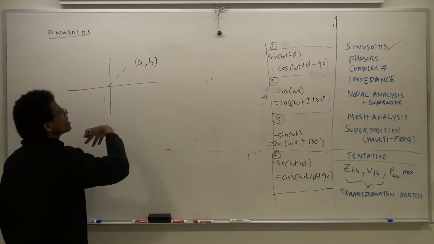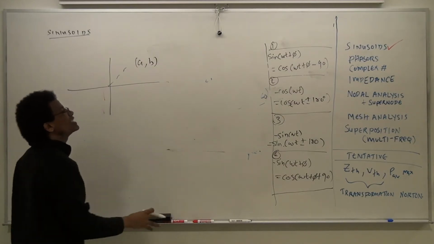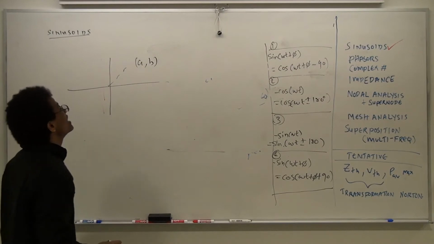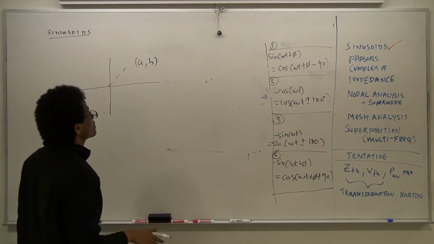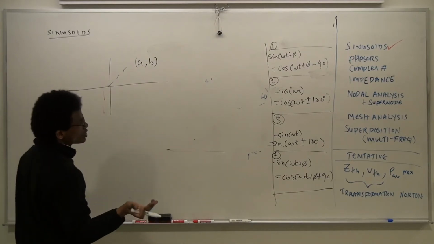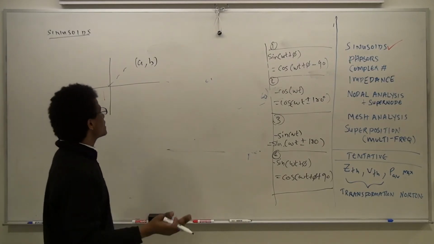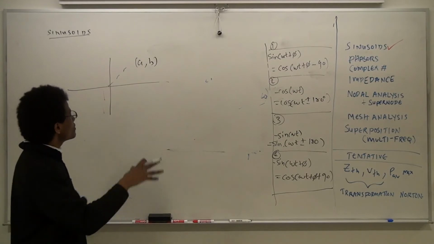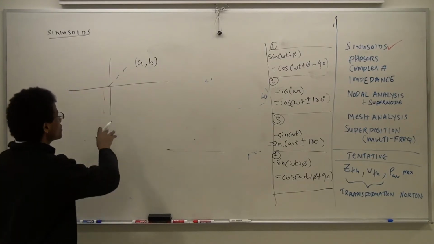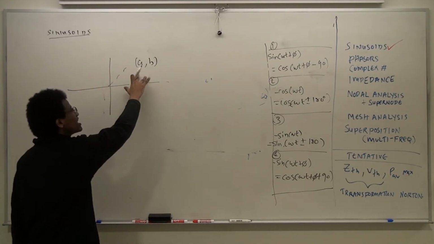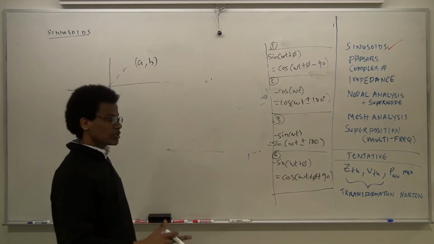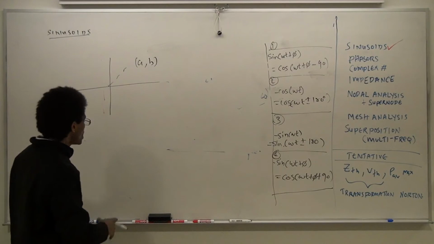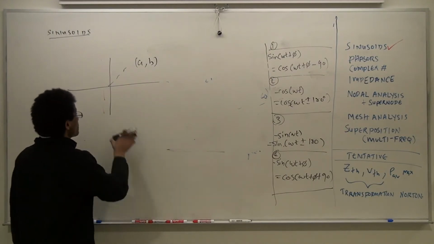It's analogous to a vector, but it's not even a vector, so to speak, because there are some operations in the complex domain that you cannot do with vectors. For example, division of a vector is meaningless in the vector domain, but it's meaningful in complex numbers. So don't automatically think that a complex number is a vector. It can be viewed as a vector, especially when you're adding or subtracting or doing a scalar multiplication. But when you get to other operations, it's not going to be the same thing.